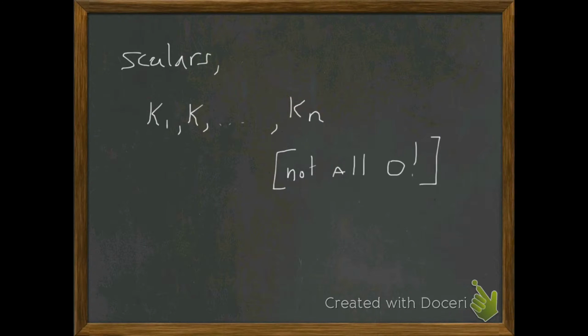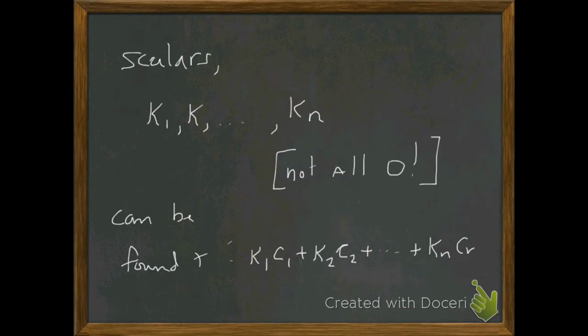If they can be found such that K1C1 plus K2C2 plus up to KNCN equal to 0, that indicates linear dependence. And linear dependence, again, is bad.